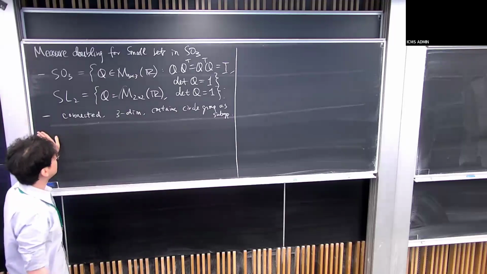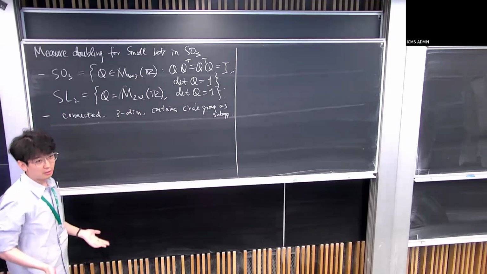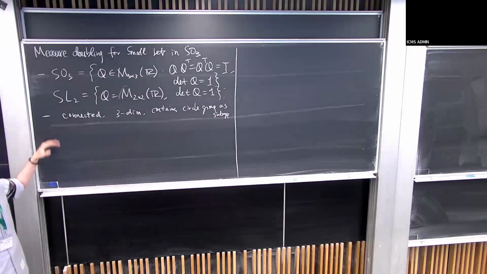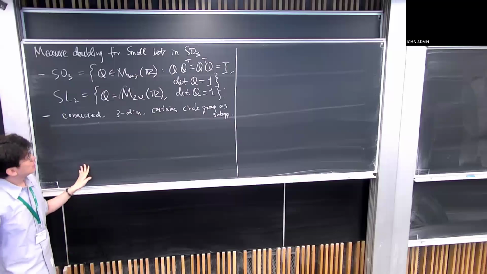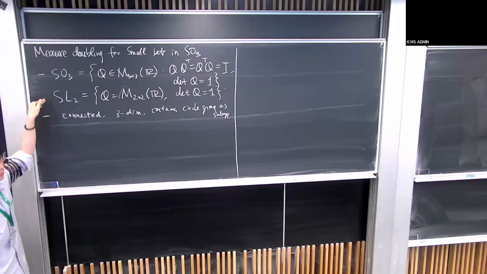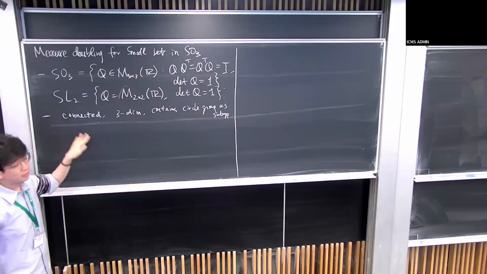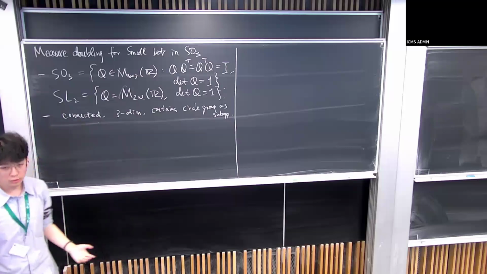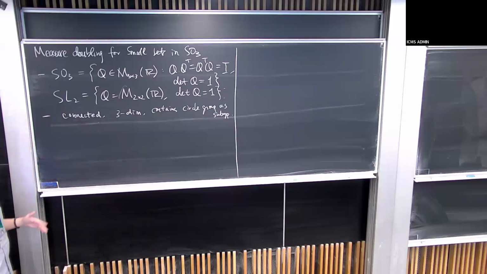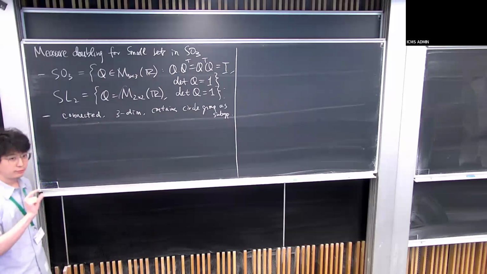And so maybe one more thing is, since we are studying doubling constants, we have to have a reasonable notion of size. So the size we use here is Haar measure. And for Haar measure here, both of the groups are good. They are unimodular. By a famous result of Haar, we have a unique left invariant Haar measure. But here, since they are unimodular, it is also right invariant.